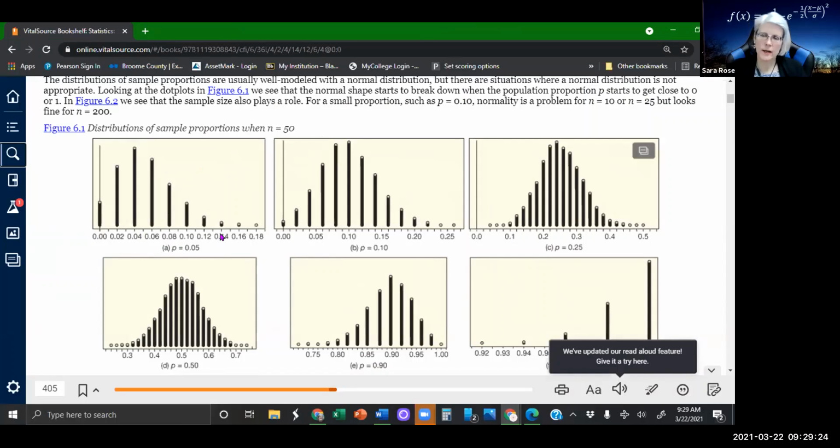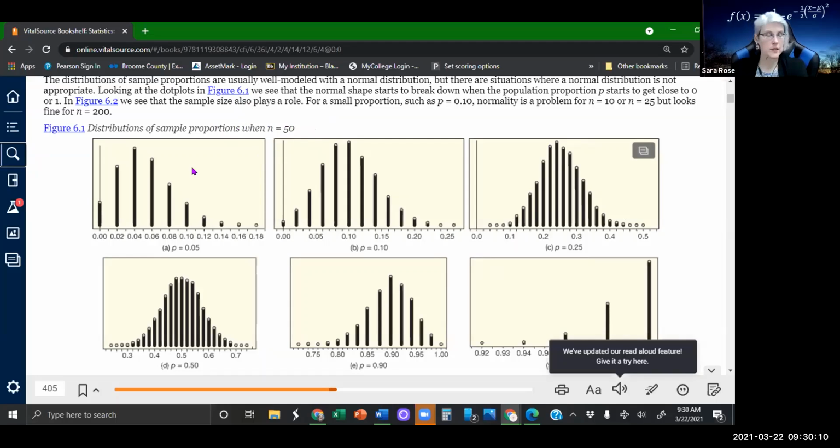But if you're trying to work with a very small proportion, p is only 5%, you don't get a nice normal distribution. You get a skewed distribution. So we'll talk about how you can fix that. If you are using a proportion of 10% with a sample number of 50, it's a little less skewed. But by the time you get up to 0.25 or 25%, it's fairly normally distributed. So proportions that are closer to 50% work okay with a smaller sample.